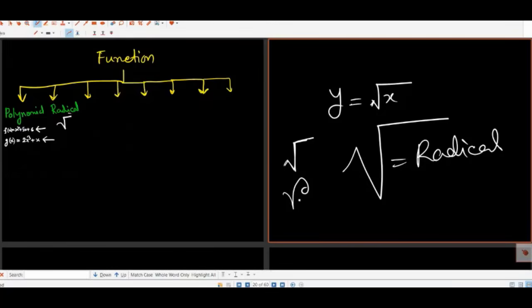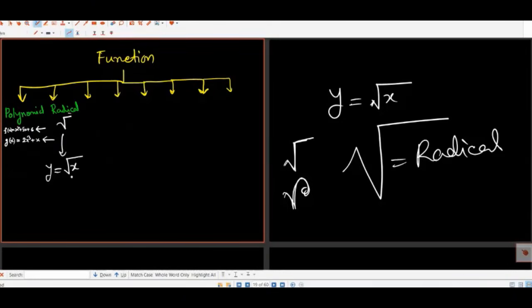Square root symbol comes from the letter r. So that's why we know now it is a radical function. Examples of radical function will be y equal to square root of x, maybe f of x equal to square root of x negative 1. We may also have square root of x squared plus 5x plus 6. These are the examples of radical function.